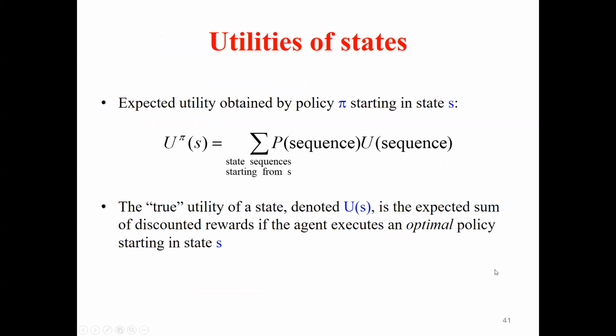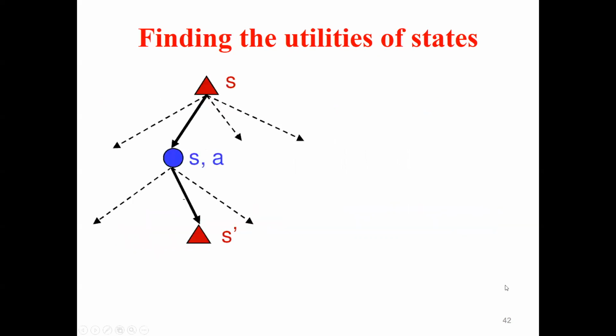Now, the utility of a state when you are given a policy, and the state sequence is starting from S, the expected utility looking at the policy over the state S is given by a summation over the state sequences starting from S, of the probability of the sequence times the utility of the sequence. So obviously we want this utility to be maximized.